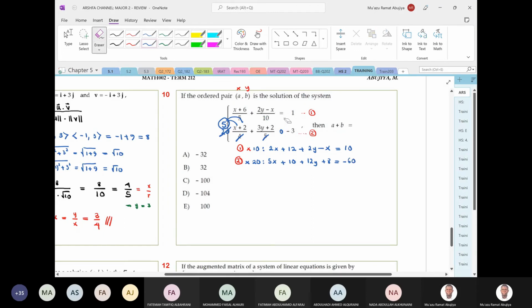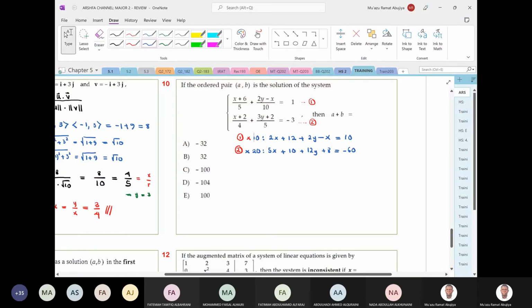Now, you can see that we are done with the fraction and life becomes much easier now. So what do we do next? Let us rewrite both of them. So if I rewrite this one here, we can have 2x. No, it's not 2x here because we have 2x here and we have minus x here. So we are going to be left with x here.